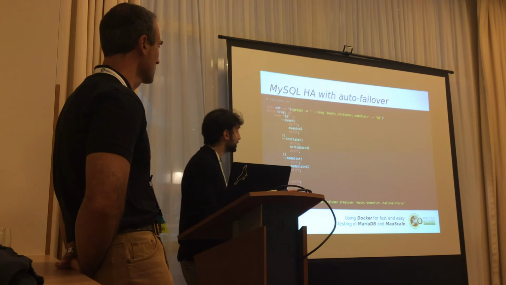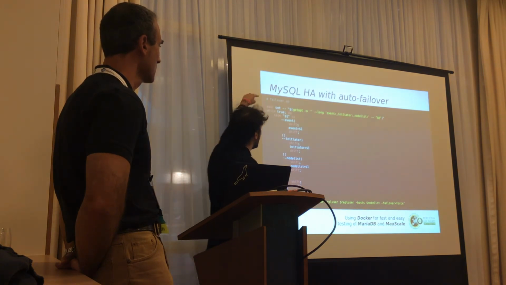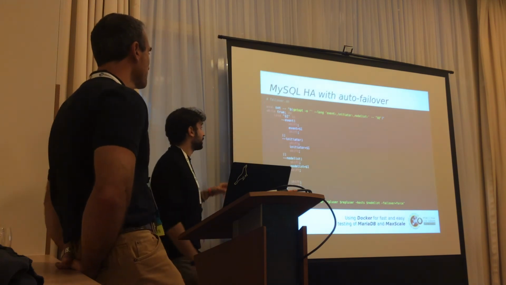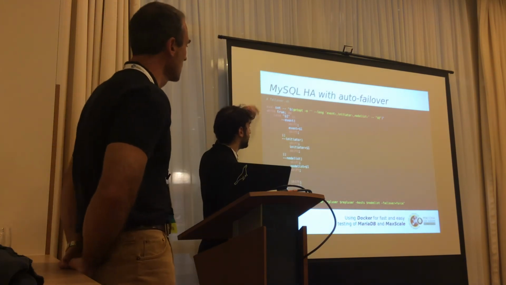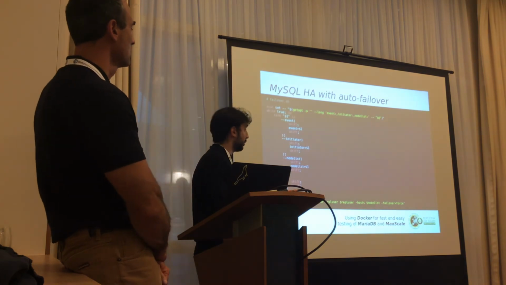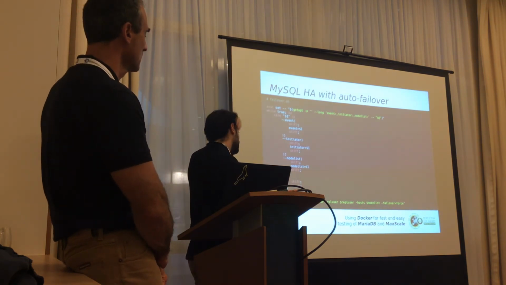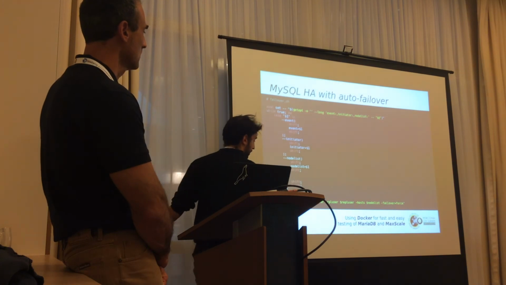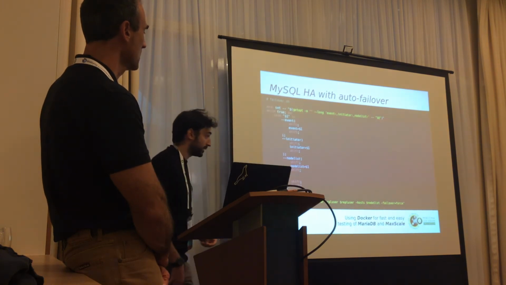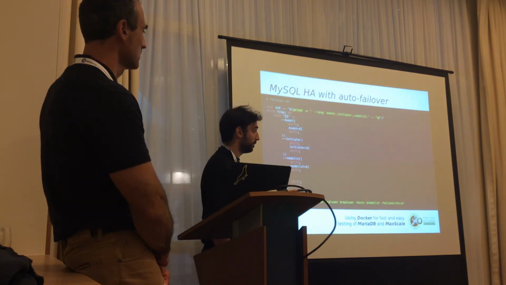Okay, let me show you this script. This actually comes from an example from MariaDB. This is the way that we match the arguments passed by MaxScale to the failover script. And this command down here is the way that we elect a new master. As you can see, we use a force policy.